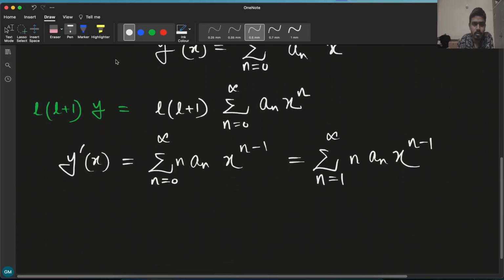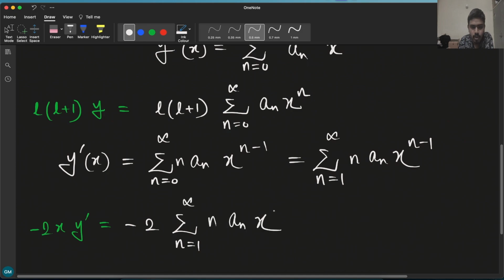So the second term is basically minus 2x y dash, which is minus 2 times the sum over n equals 1 to infinity of n a_n x to the power n, because here x has a power of n minus 1 and there is one x multiplied with it.